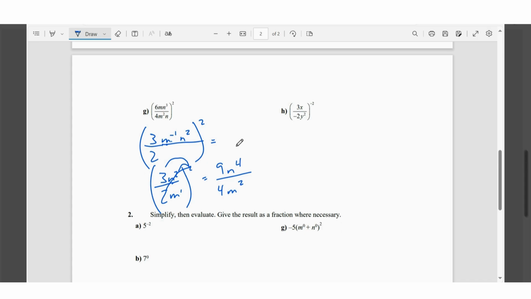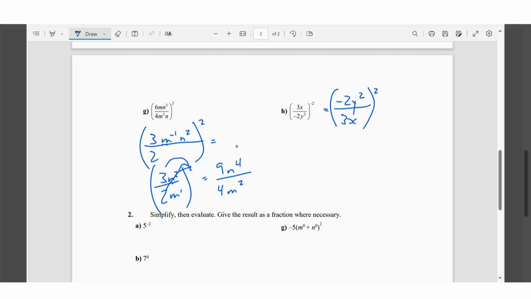This one, I want to start with our negative 2. And remember that it reciprocates the base. So this whole thing is in brackets, and it means we can flip this whole thing. We end up with the negative 2y now on top, and the 3x now on the bottom, and this is all now to the positive 2. So we just reciprocated the base.